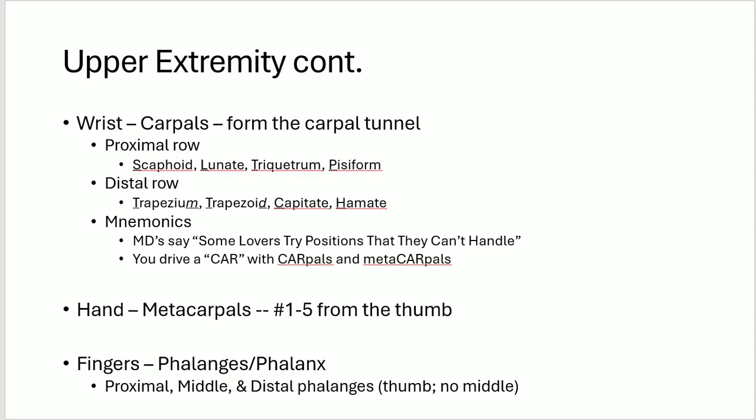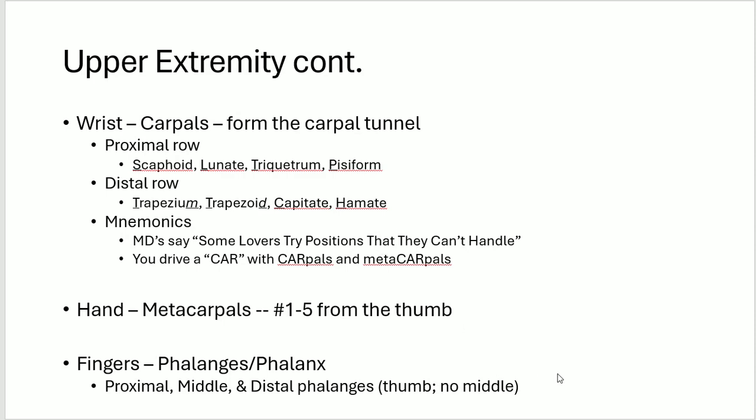So S, scaphoid, some, lovers, lunate, triquetrum, positions, pisiform, that, trapezium, and remember MD say it, so trapezium first. They, trapezoid, can't, capitate, handle, hamate. So MD say some lovers try positions that they can't handle.